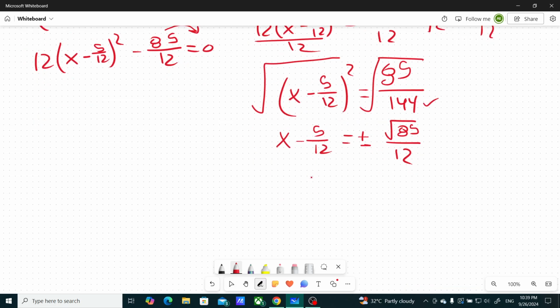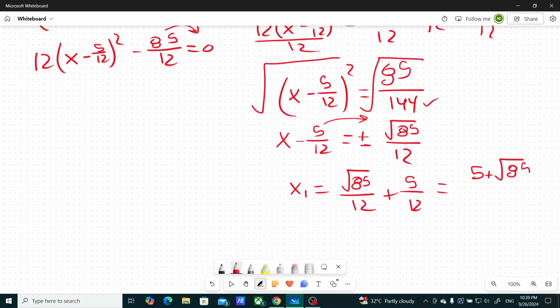So my x1 is going to equal positive square root of 85 over 12 plus 5 over 12, because I'm moving this 5 over 12 to the other side. It's going to become positive. So it's going to equal 5 plus root 85 over 12. And my x2 is going to equal minus root 85 over 12 plus 5 over 12.